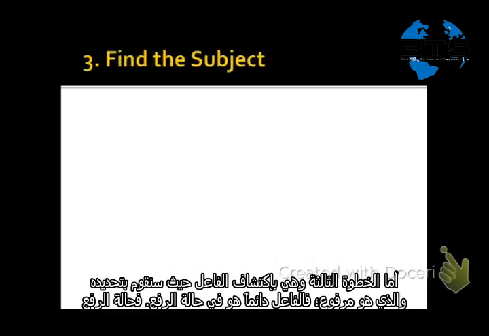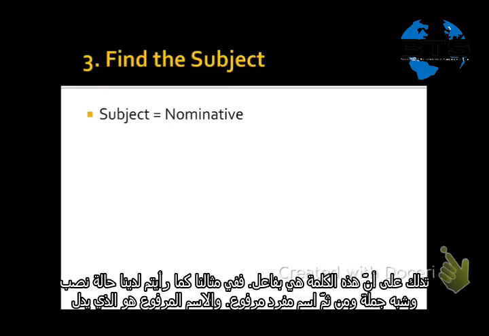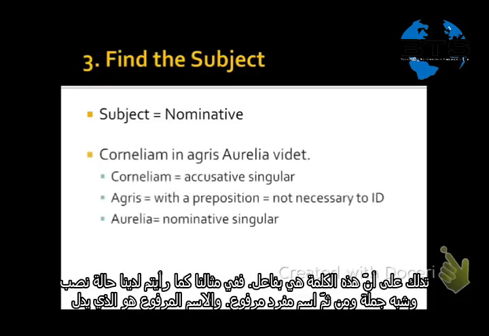So for our third step, finding the subject. You identify it because it's in the nominative. The subject is always going to be in the nominative case. That is the purpose of the nominative case, it tells you that that word is the subject. So in our sentence, if you remember, we have an accusative, we have a preposition, and then we have the nominative singular.